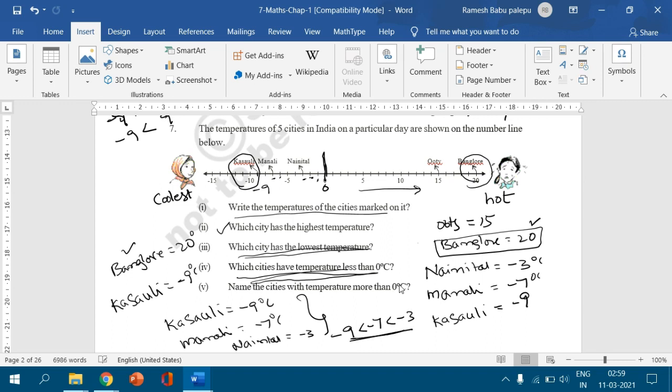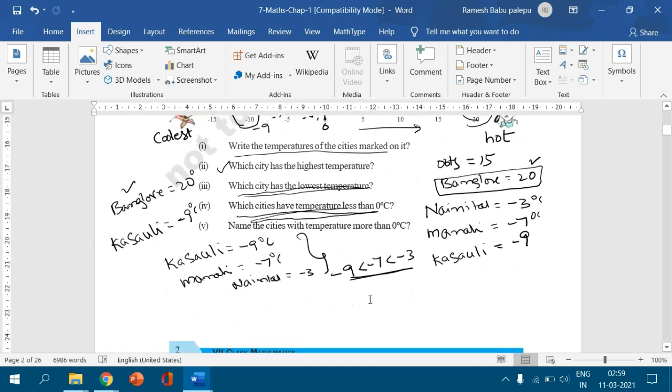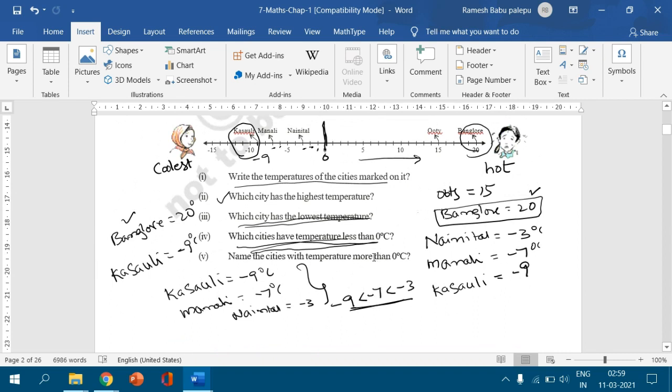Okay, friends, this one. I will answer the last question. Name the temperature of the cities more than 0. We can observe more than 0 means those are on the right side of the number line. There are two cities, right? One is Ooty, whose temperature is 15 degrees.